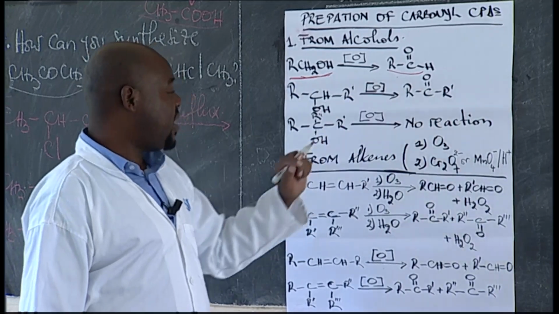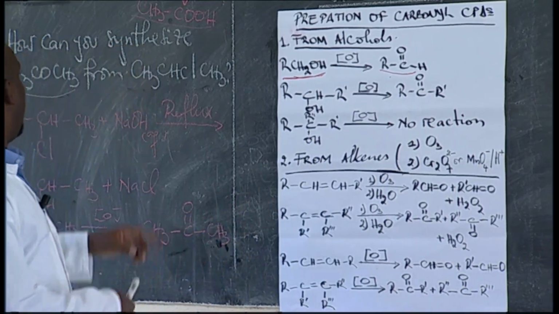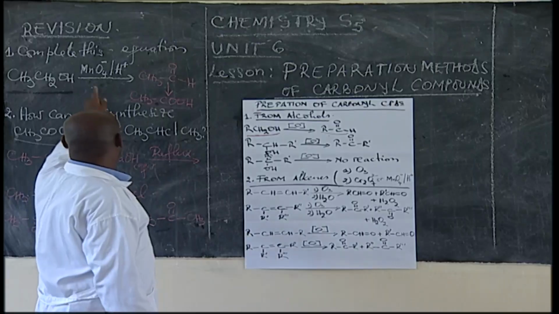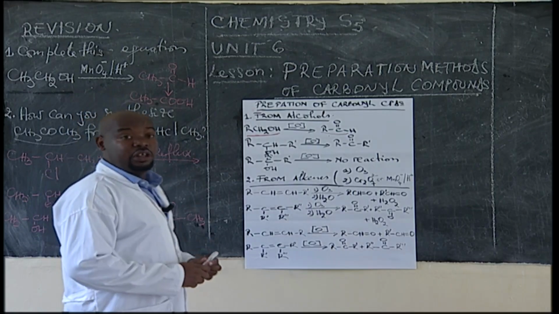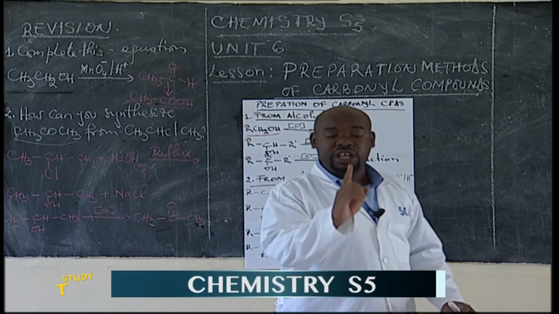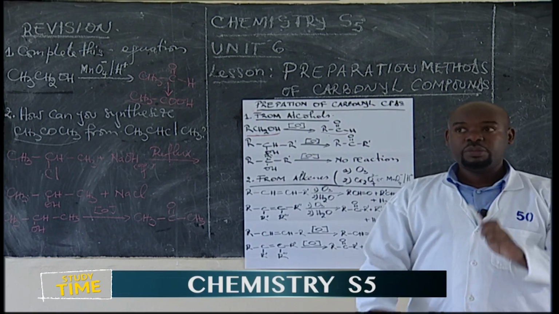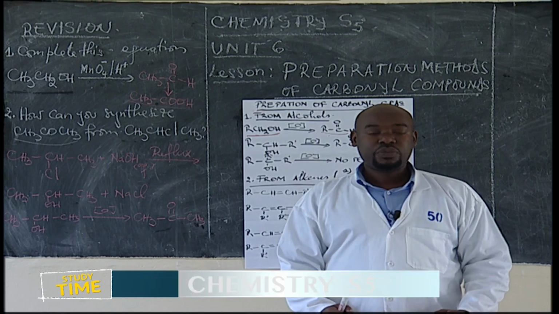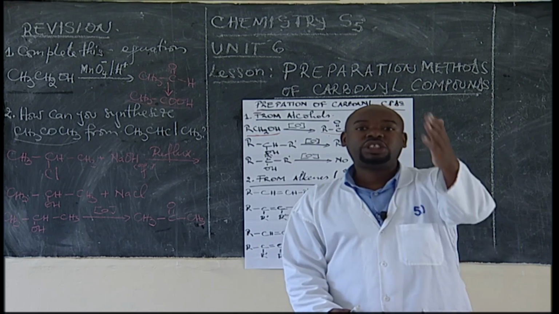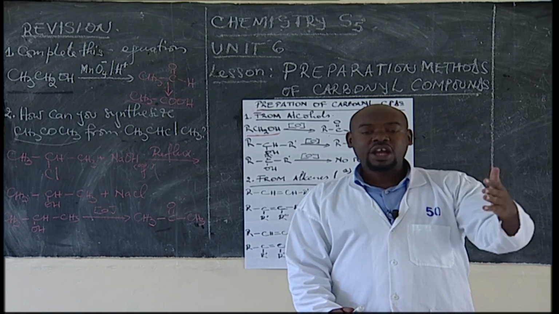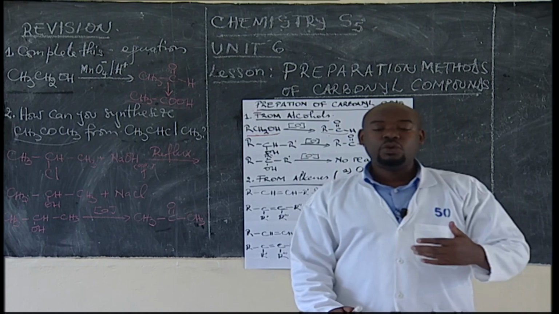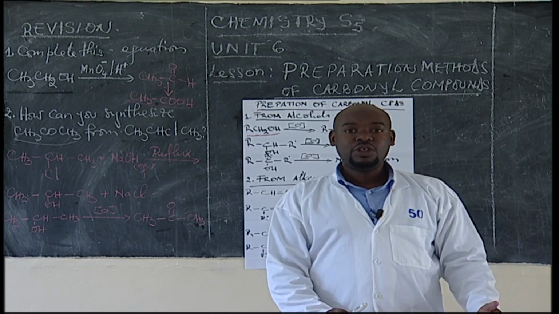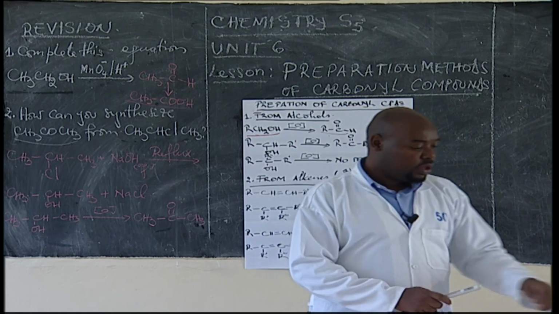But this, as I said, from our exercise number 1, will depend on the oxidizing agent you are using, because some of the oxidizing agents are so strong that the oxidation will undergo a further step. So you have to be very careful.